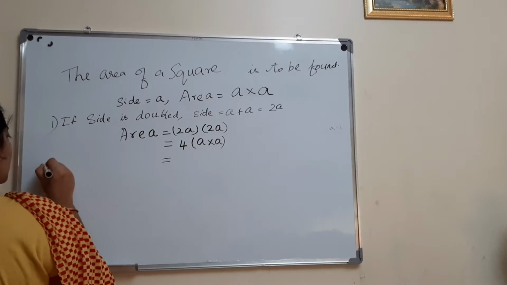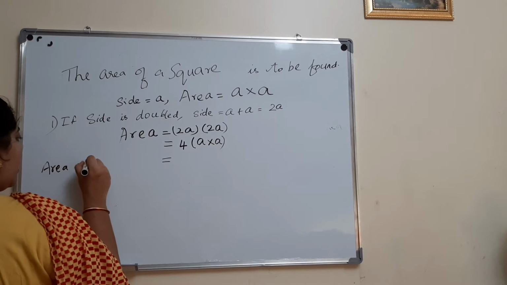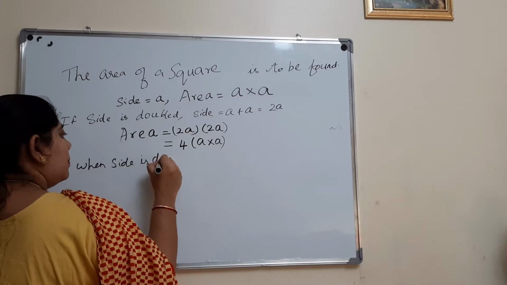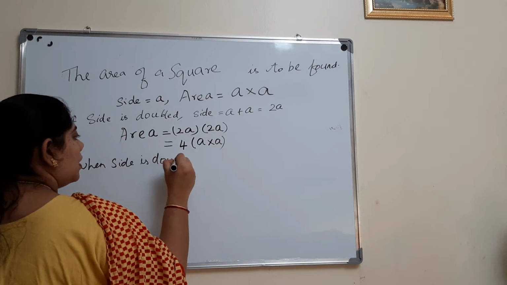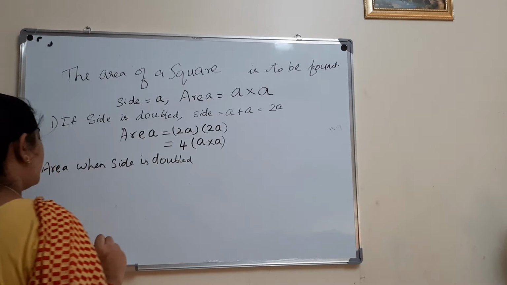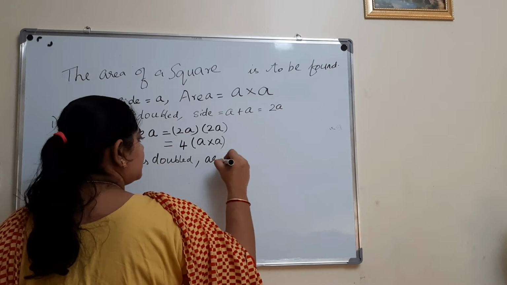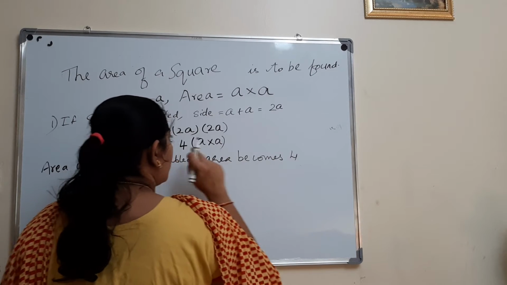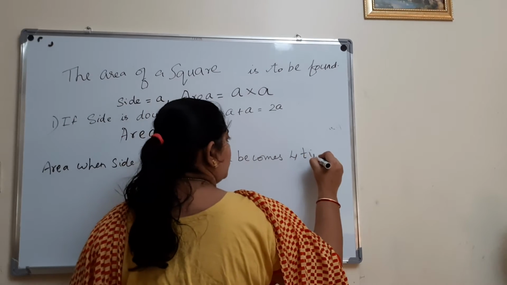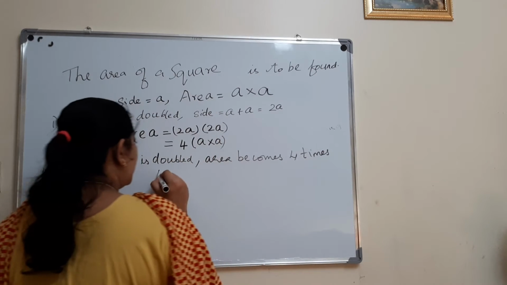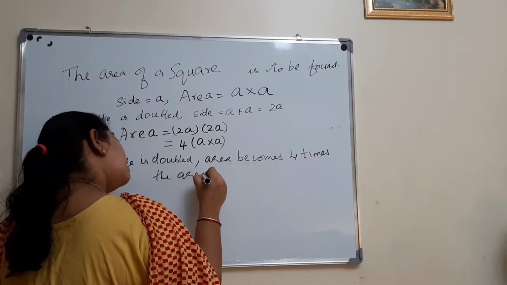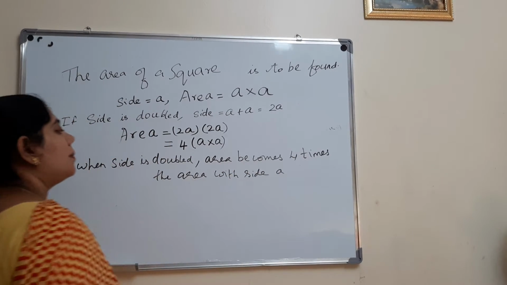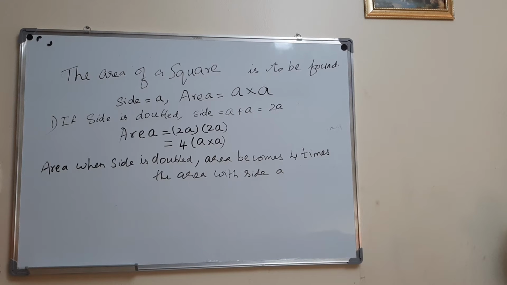The area when side is doubled becomes 4 times the area with side A. So see once more.